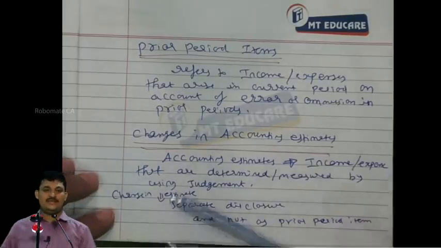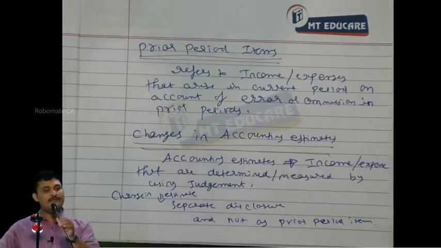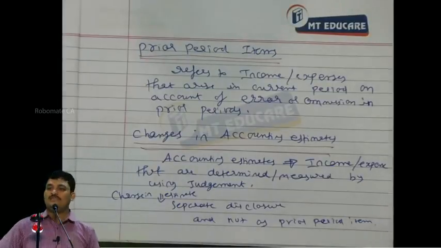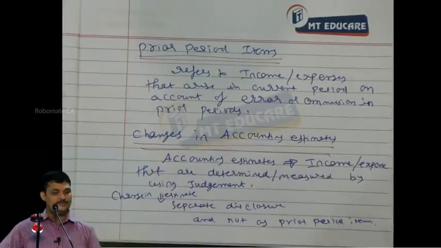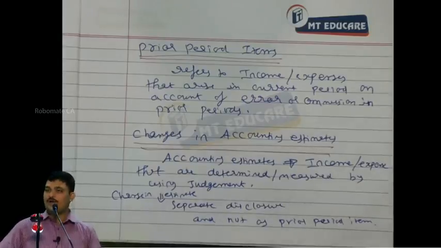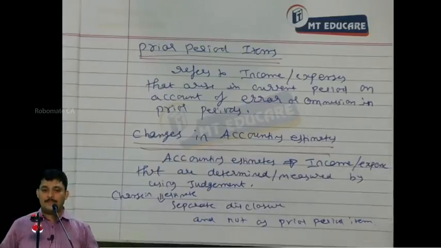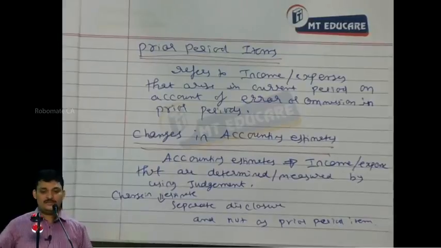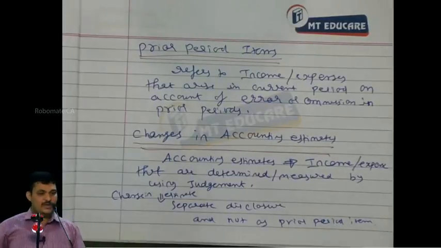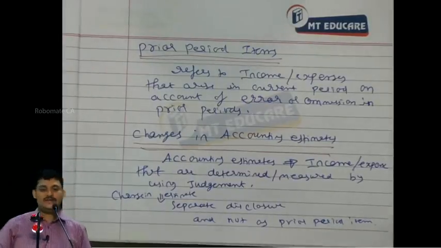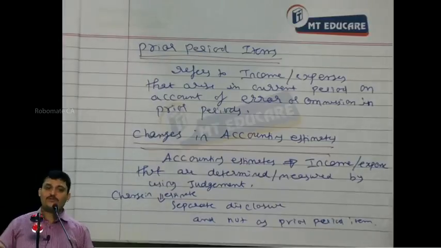There was a fire accident that happened on March 31st in our premises. Some loss was estimated and you booked the loss and the accounts were all approved. After 3-4 months you understand the actual loss is not that, it is slightly increased. So that loss relating to the fire is booked in the current year, as a current year item only, not as prior period.